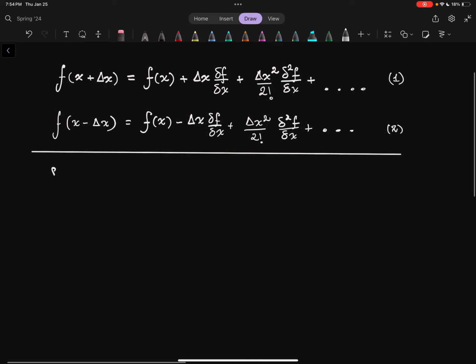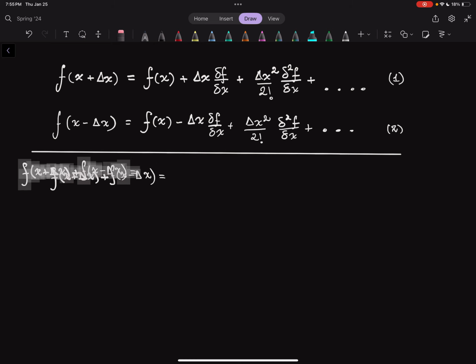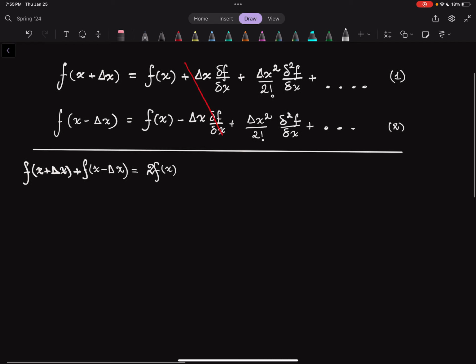Here we would get f of x plus delta x plus f of x minus delta x equals what? Let me make this a little neater for you guys. Now that's equal to 2 times f of x. This term cancels out, which was the whole point of doing this.